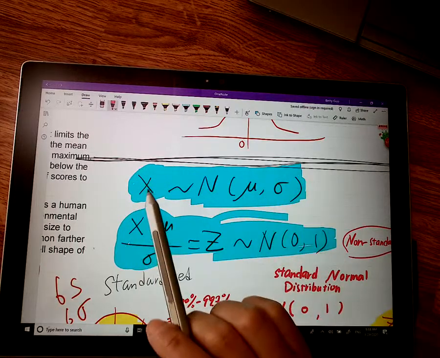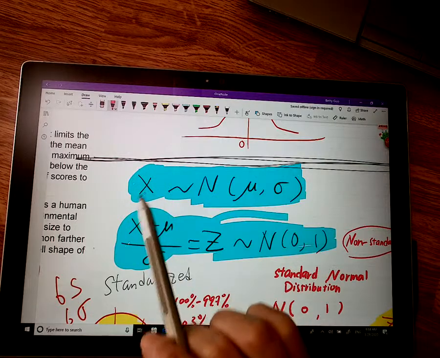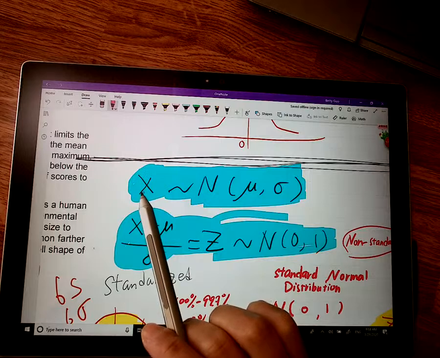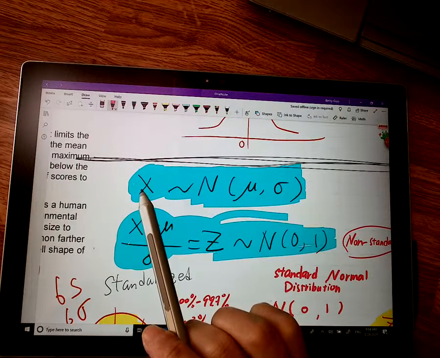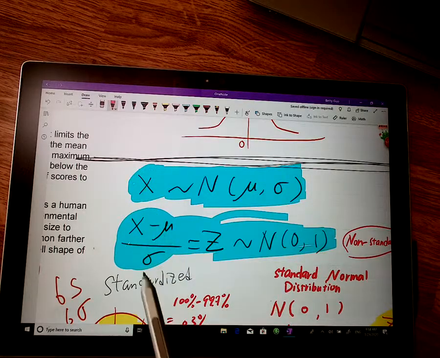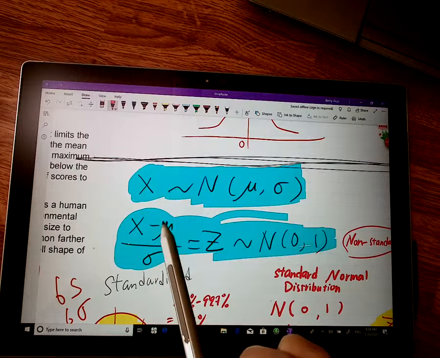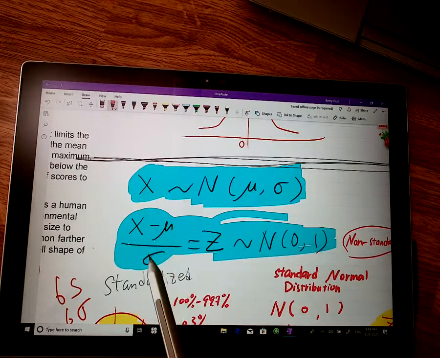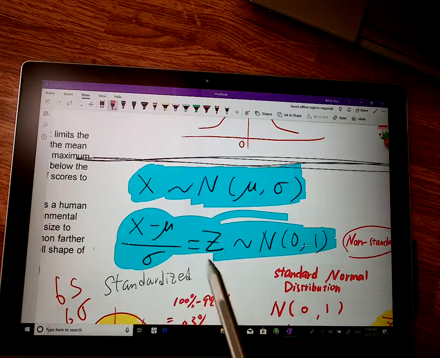If we standardize the random variable X, how do we standardize it? If you recall from the previous video, we have a z-score formula. This is very similar to that. If we subtract mean mu from X and divide all over by the standard deviation sigma, we would have a different variable Z, right?